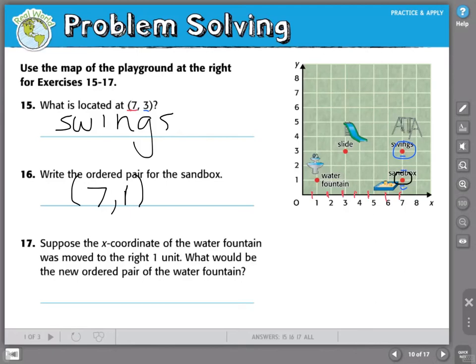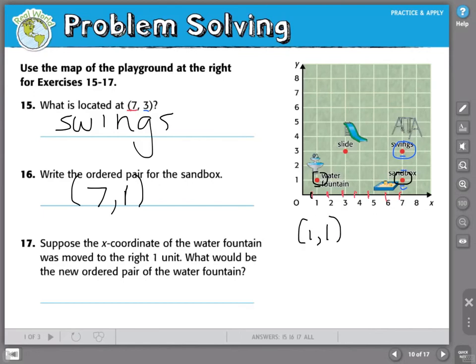Number 17 says, suppose the x-coordinate of the water fountain was moved 1 unit to the right. What would be the new ordered pair of the water fountain? Well, I see the water fountain right here. It is 1 unit on the x-axis and 1 unit on the y-axis. Its current location is 1, 1.